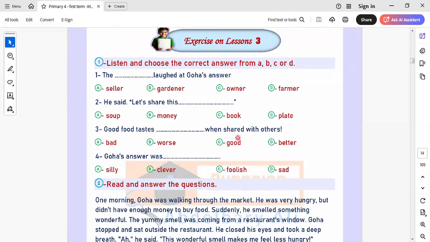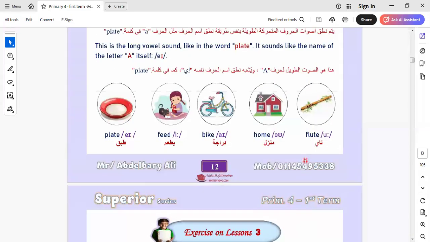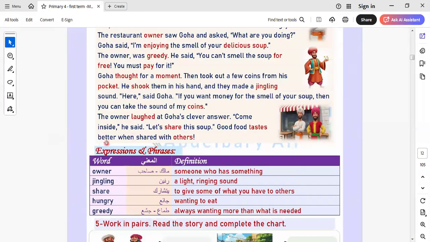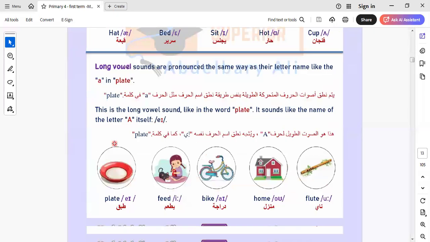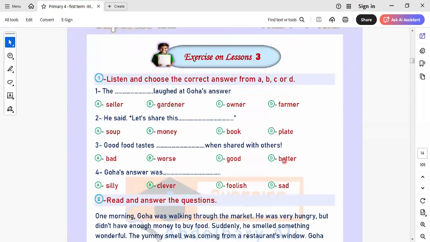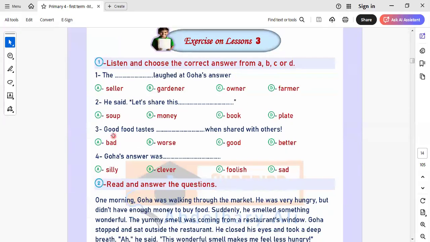Good food tastes better when we share with others. So when we eat together, the food becomes better than when we eat individually, or when we eat alone. So the answer here is good food tastes better.